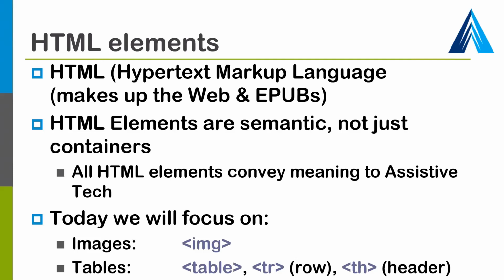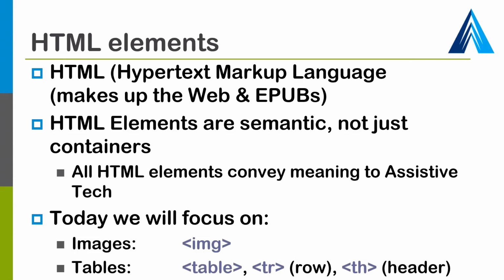Something to keep in mind from an accessibility perspective, HTML elements are semantic. They're not just containers. We often think that the tags we use in HTML, such as a paragraph tag, is just something that holds the text that we're using.